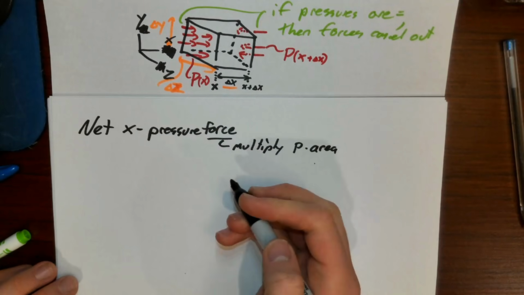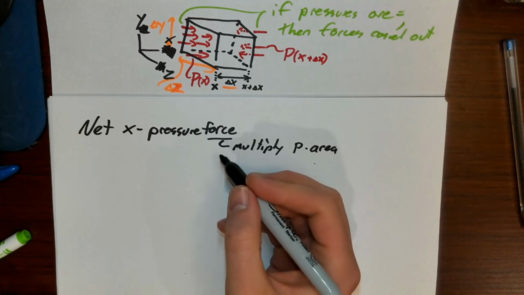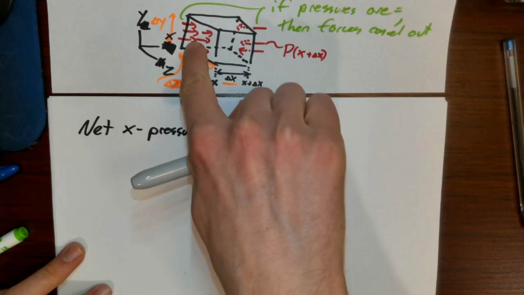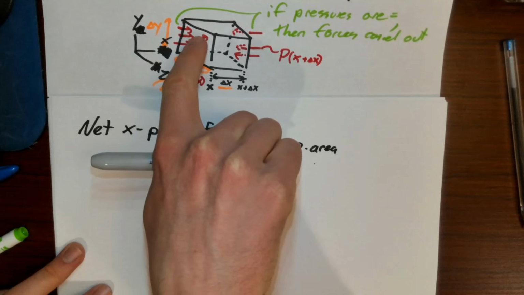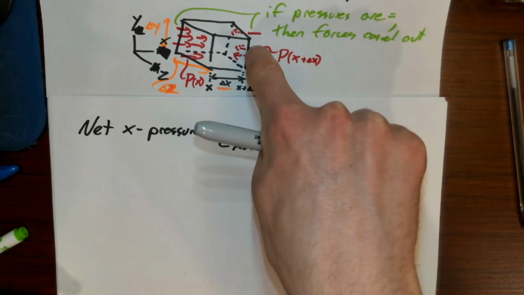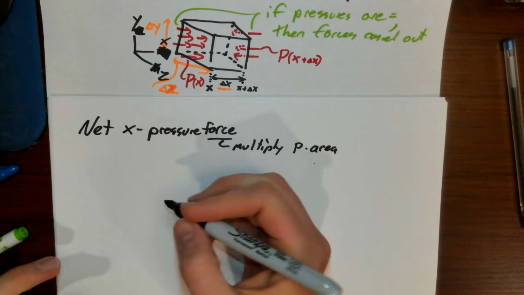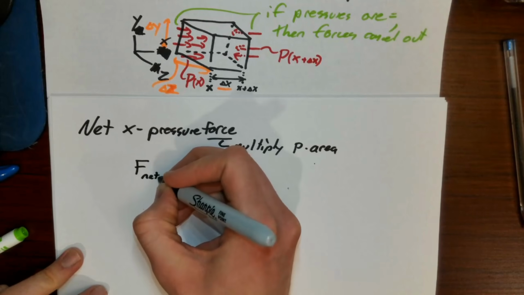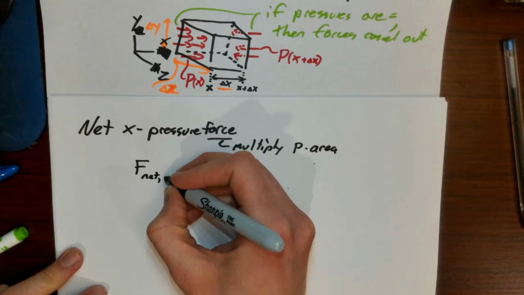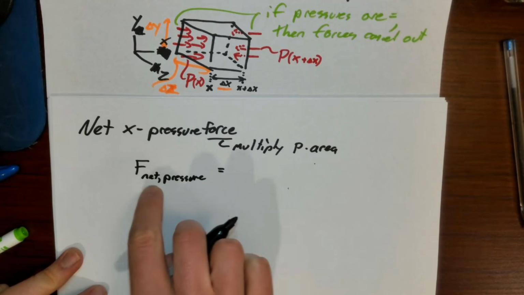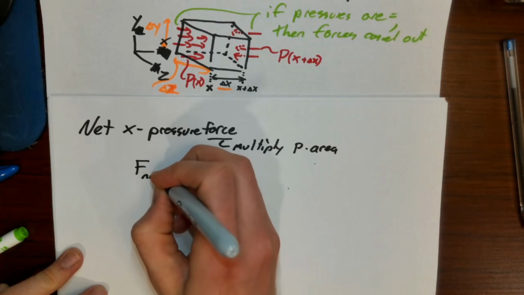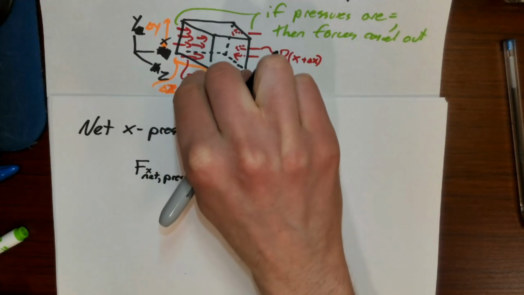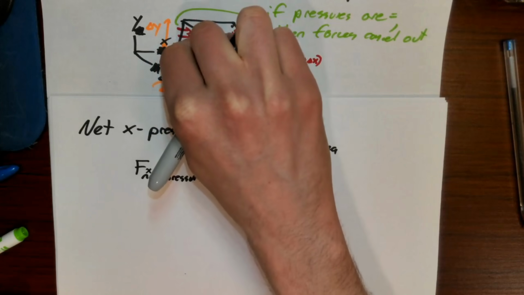So if we're looking at the net X pressure force, in this case, it would be the force associated with this left face and the force associated with this right face, right? So the net force due to pressure in the X direction is going to be equal to this pressure times this area.